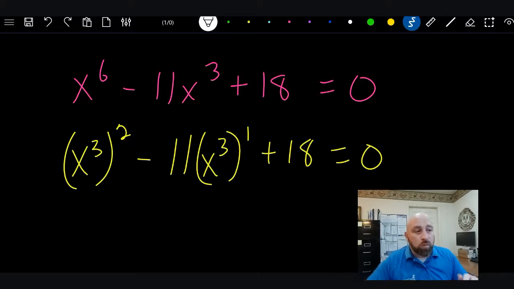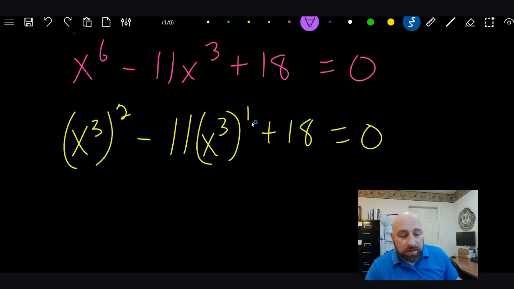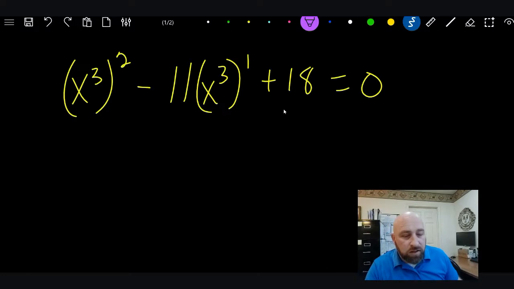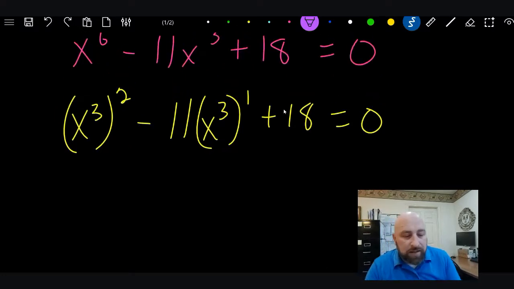Now, this is where the little tricky part comes in. This is where the magic happens right here, okay? This is where you kind of are going to do something. It's like a little switcheroo, and it's going to all work out, okay? What we say is we come down here and we say, okay, this right here, instead of being x to the cube, let's say that x to the cube equals, and you could make it any variable you want.